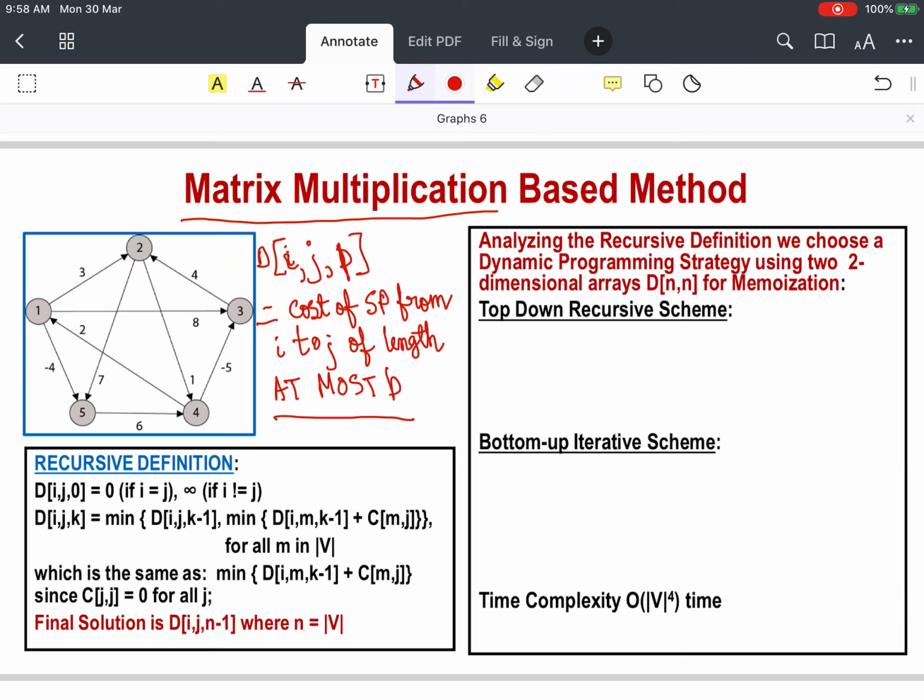This is the definition of Dijp. It is the cost of the shortest cost path from i to j of length at most p.